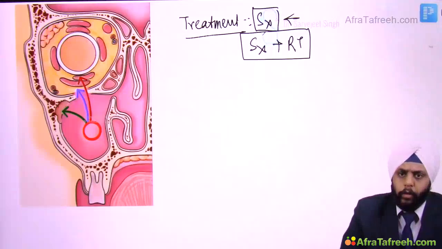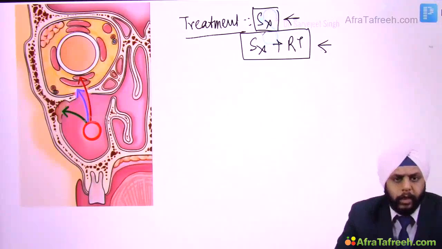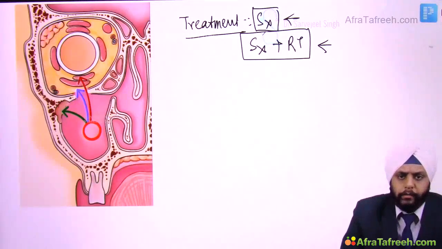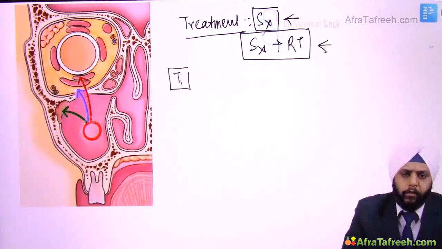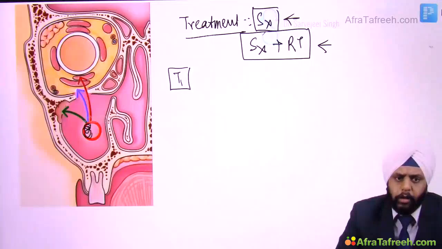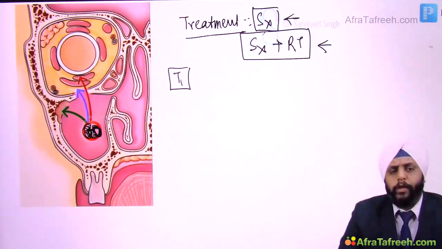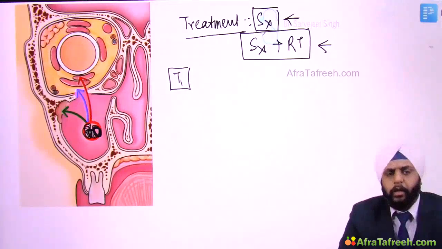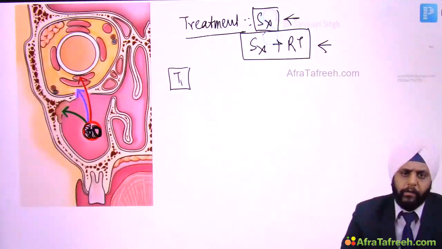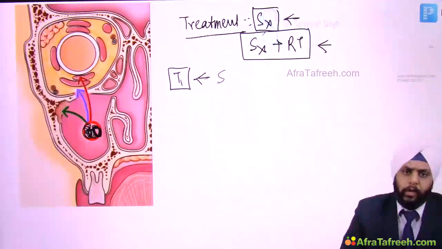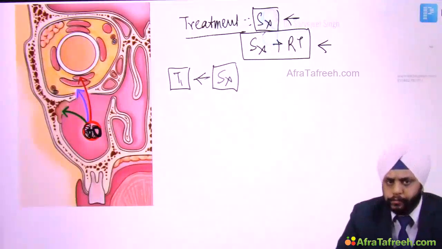Let's see over here. Now T1, as I said, what will you do? It is limited to the mucosa. It is generally not discovered. If you by chance discover it, you remove it. Surgery is more than enough.